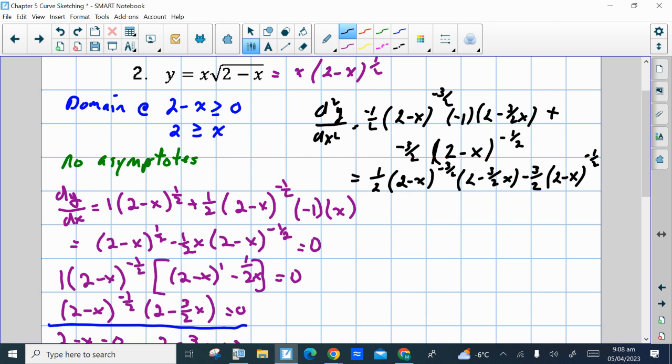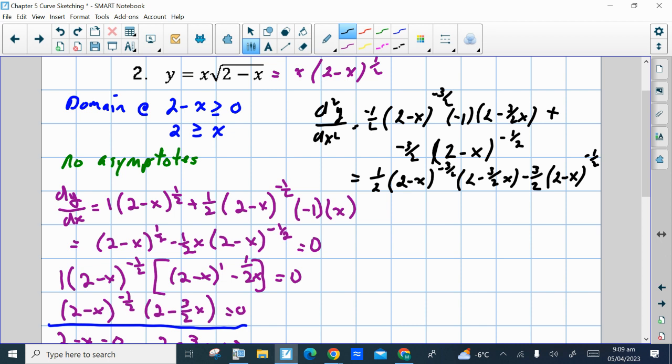And we want to find the critical numbers for this. We can do this by taking out a common factor. Each term, there's only 2 terms here, each term has a common factor of 2 minus x. And remember, when you're looking for the common factor, when you have rational exponents, you always take out the smallest one, which would be negative 3/2.